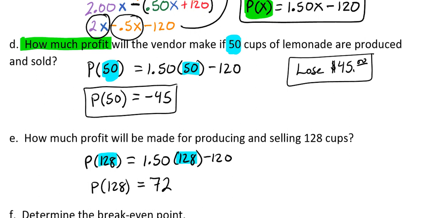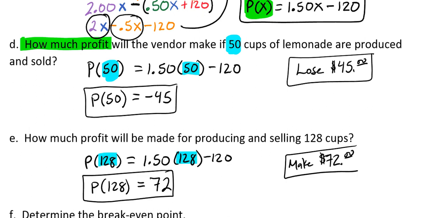So the vendor will make $72. So they've covered the costs and have a profit of $72. We call that being in the black. Up here where we lost $45, we call that being in the red or being in the negative.